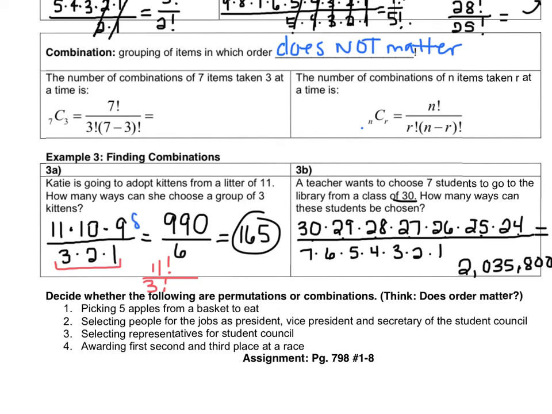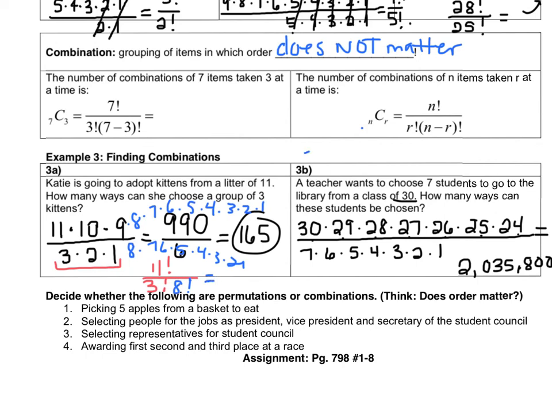That means that the 8, 7, 6, 5, 4, 3, 2, and 1 got canceled out. So on the bottom, we must have also divided by 8, 7, 6, 5, 4, 3, 2, 1, which is 8 factorial. So that's the formula. It would have given us 165.